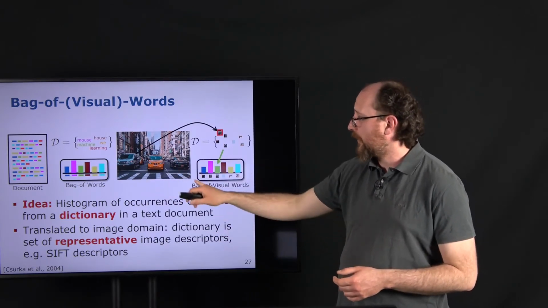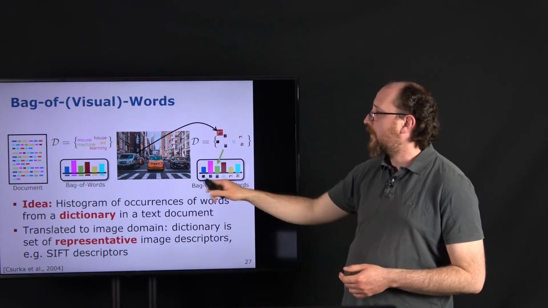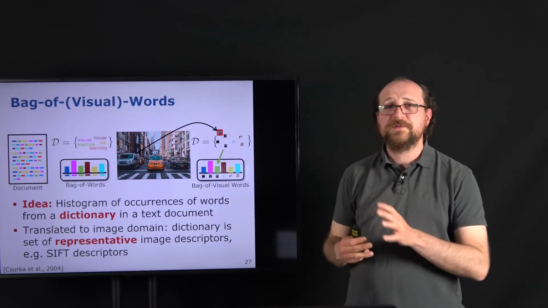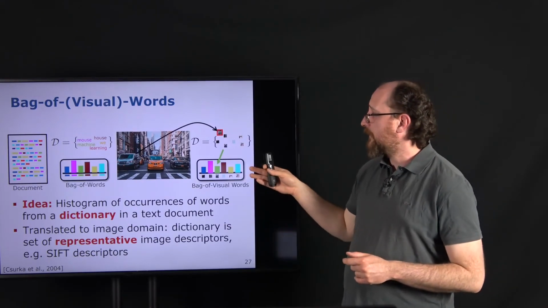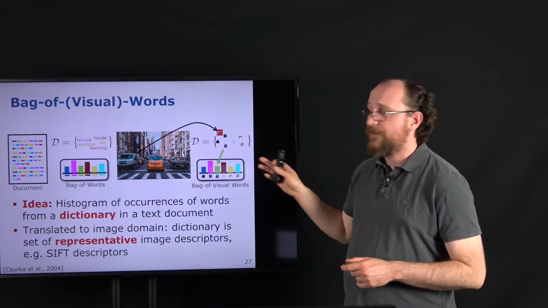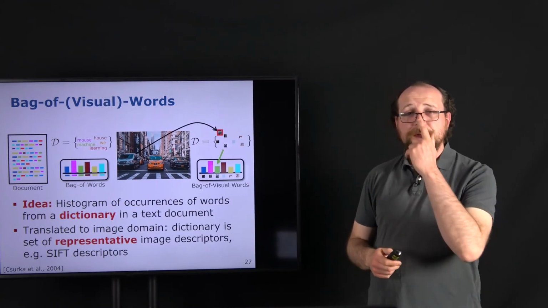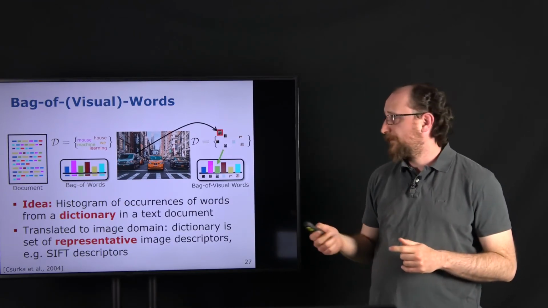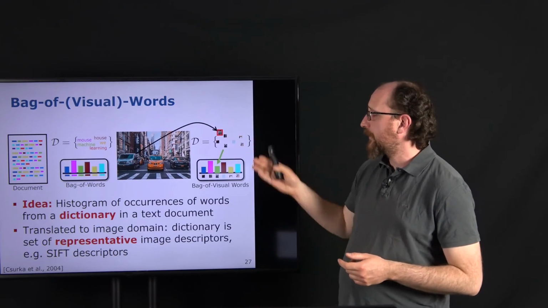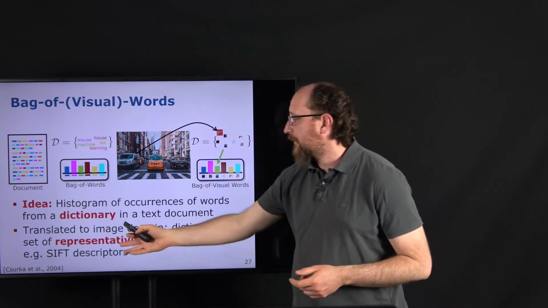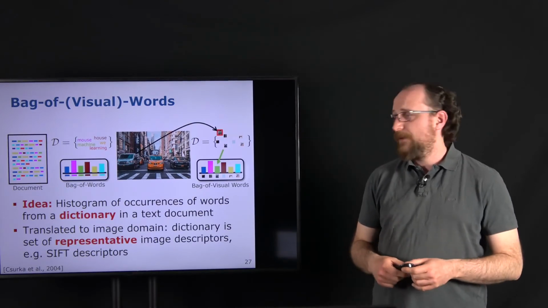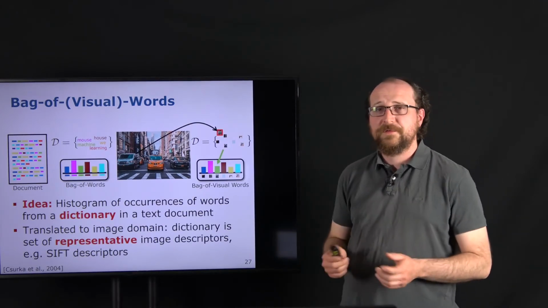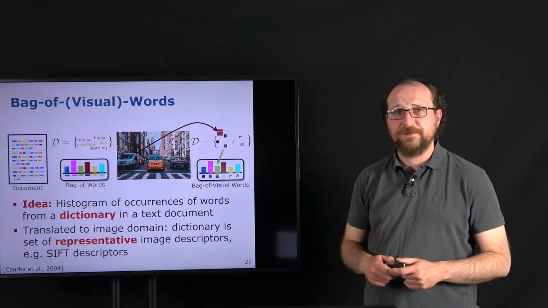What is also nice is that for arbitrarily sized images, but also for arbitrarily sized regions, we get one consistent bag of visual words. For the representation of these descriptors, one famous choice is to use SIFT descriptors, for instance, but it could also be other descriptors. This is not the main importance here.